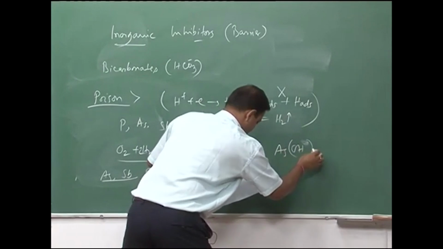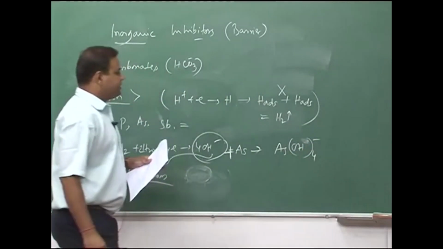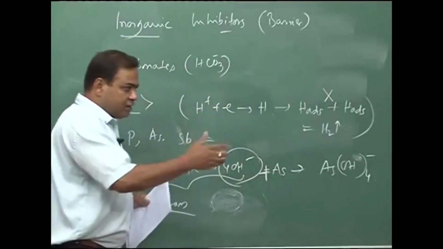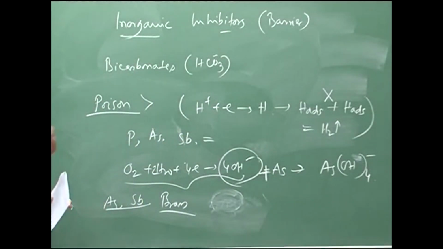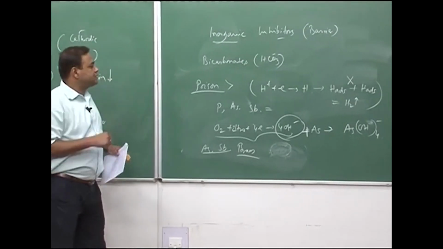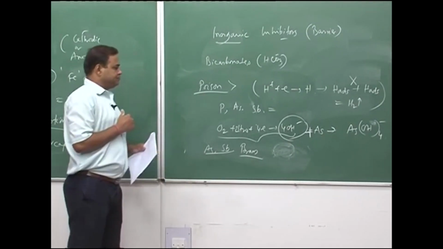This phase would deposit on the active cathodic sites, because the copper is redepositing back. So on the copper surface this phase would deposit, and further copper deposition will not be allowed. That way it prevents dezinkification. This is the nature of the poison, which poisons that particular reaction.